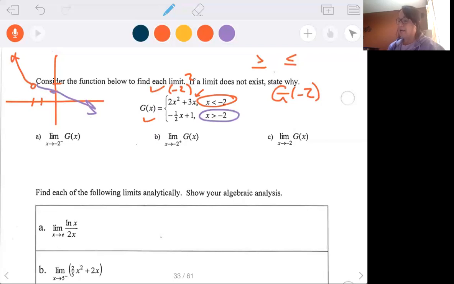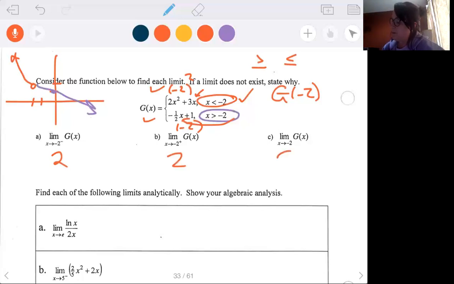But as I come in from the left, right here, I was at 2. As I come in from the right, right here, I'm at 2. So therefore, because I was at the same spot from both directions, I'm at 2.